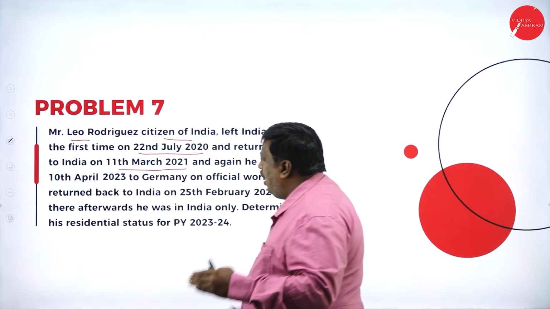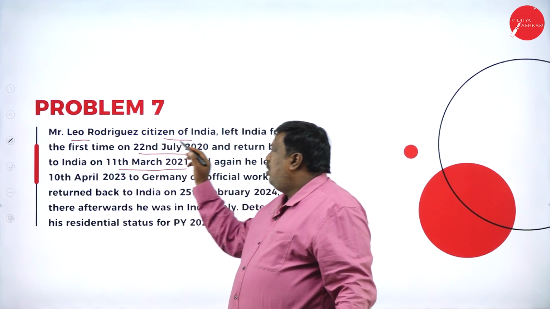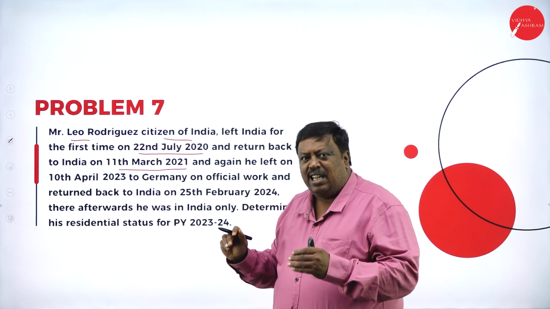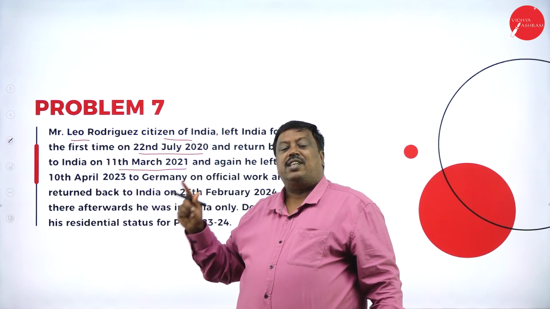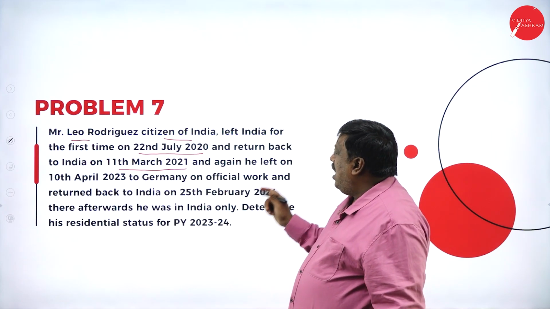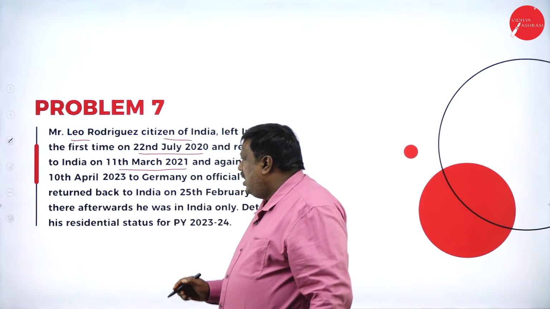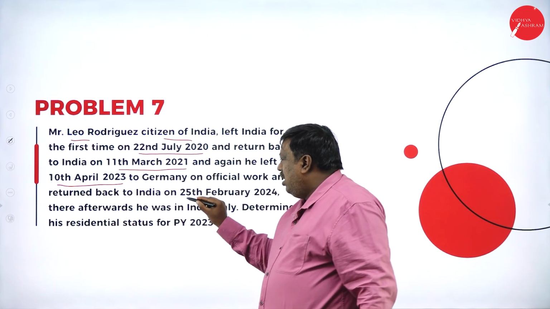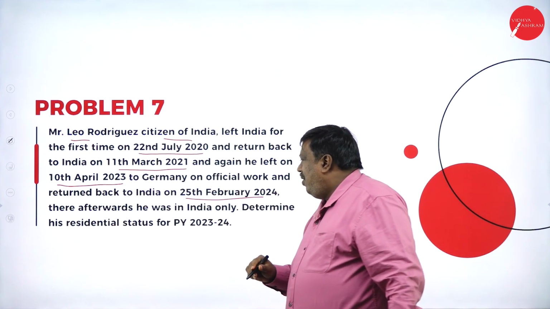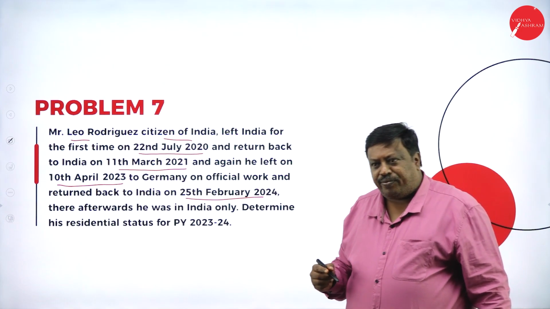So from my birth up to 21st July 2020, I was in India. On 22nd July 2020, I left India for the first time in my life. And during the previous year, I left India on 10th April 2023 and returned back on 25th February 2024.